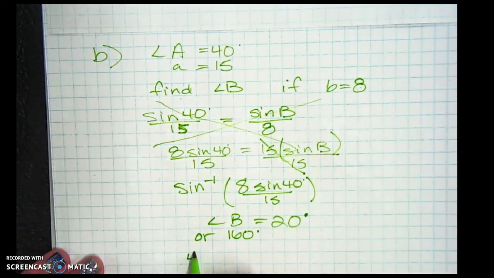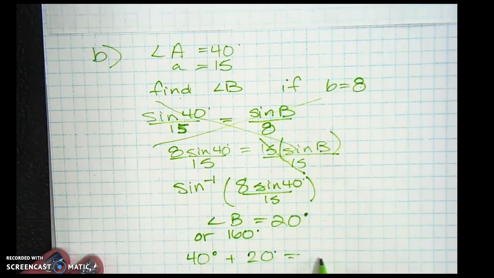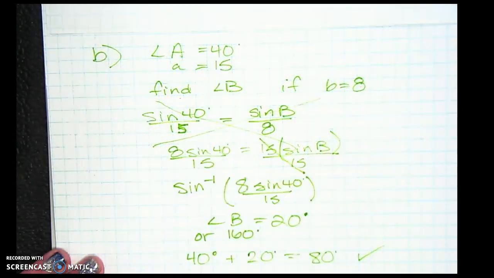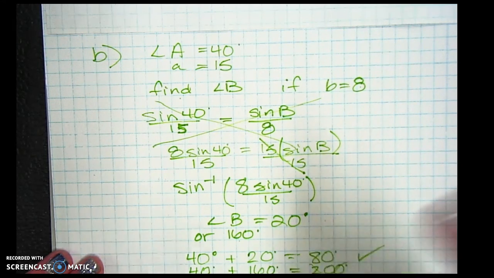So if we say 40 degrees plus 20 degrees, we get 80. So that one's fine. But what if we say the original angle of 40 plus the 160? What do we get? 200. So this one cannot be the second answer.